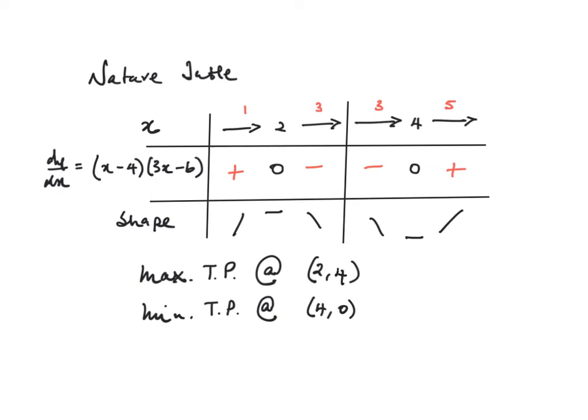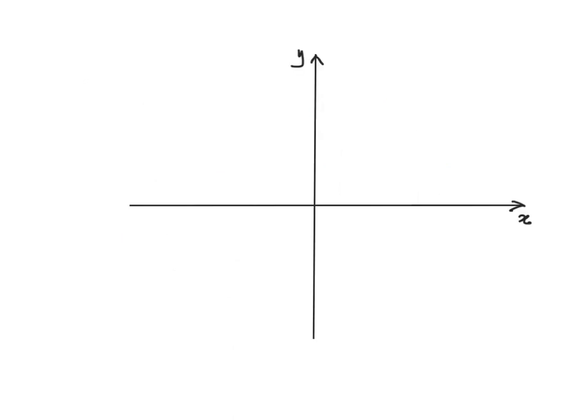So the last thing that we have to do is to sketch all this information. So we've got turning points at (4, 0) and (2, 4). We have a maximum at (2, 4) and a minimum at (4, 0).